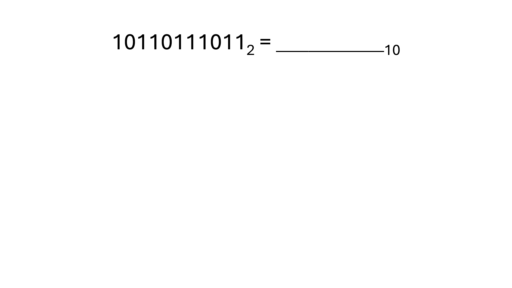In this problem, we will do 10110111011 base 2. We'll convert that to base 10. And so that will be a lot of columns. And of course, I believe that's 11 digits. And so we'll start with 2 to the 10 power and then count down to 2 to the 0 power in our 11 columns.